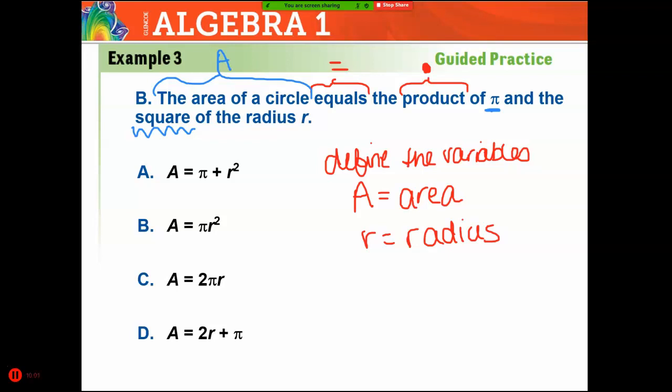The second power, exactly. So from all of that, we get that area equals pi r squared.